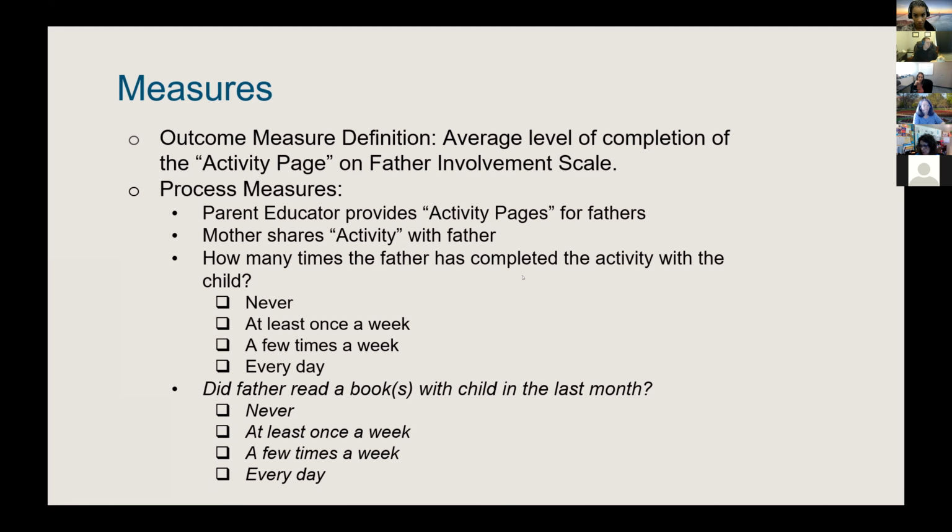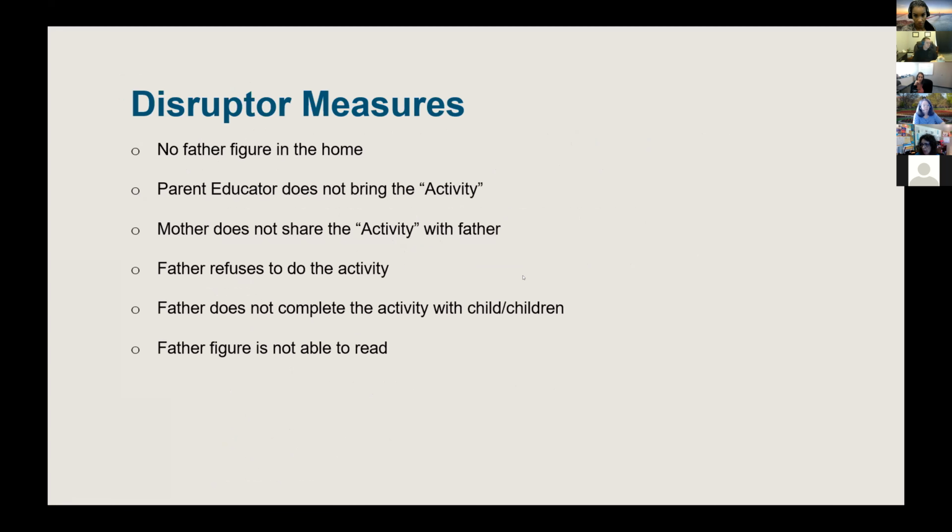The disruptors measured were: no father figure in the home, parent educators not bringing the activity, mothers not sharing the activities with fathers, fathers refusing to do the activity, fathers not completing the activity with children, or the father figure not being able to read.